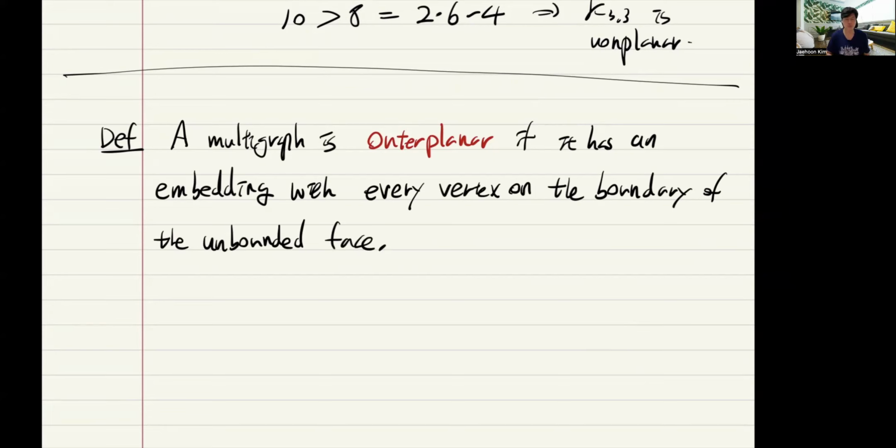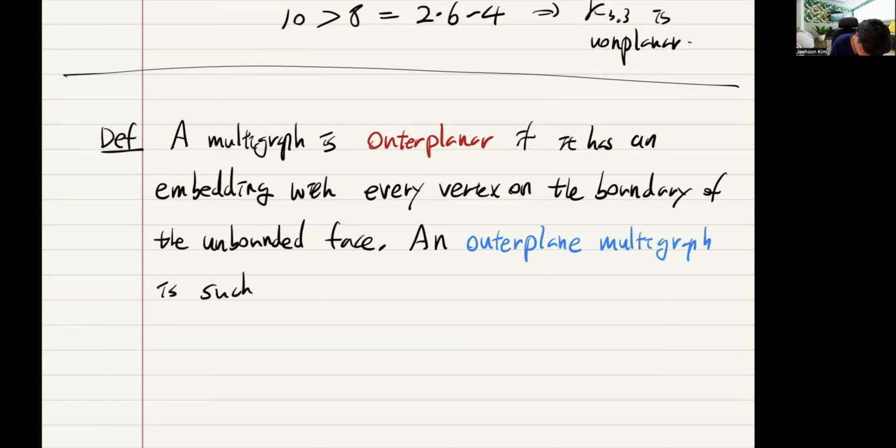So in this embedding, you have a unique face which is unbounded, and if every vertex is on that boundary, then we say that the graph is outerplanar, and we call it an outerplane embedding.